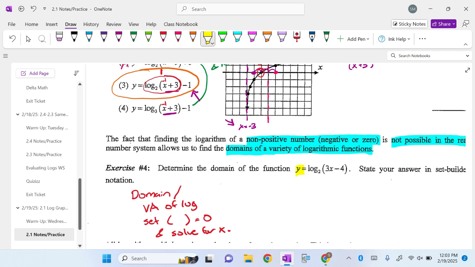So for this one right here, what would I set equal to 0 to figure out the domain? 3x minus 4. So I'd do 3x minus 4 equal to 0, and then just solve for x. You would add 4 to both sides. 3x is equal to 4, divide by 3. x is equal to 4/3.